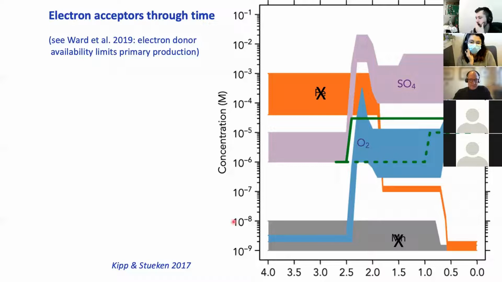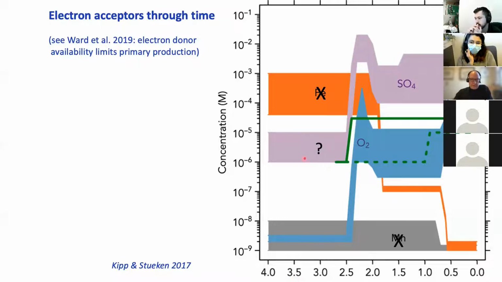Manganese is just present in very, very low concentrations, in nanomolar concentrations. So perhaps that was not so important. And also the chemistry of manganese is pretty complex. It's very reactive, and it may be very hard for manganese oxidizing organisms to compete for the substrate. And what we know from the manganese oxidizers today is that they exist in very special environments.